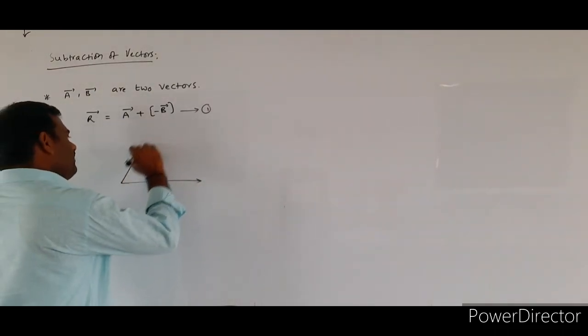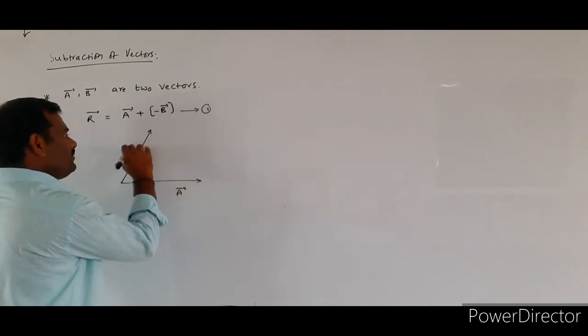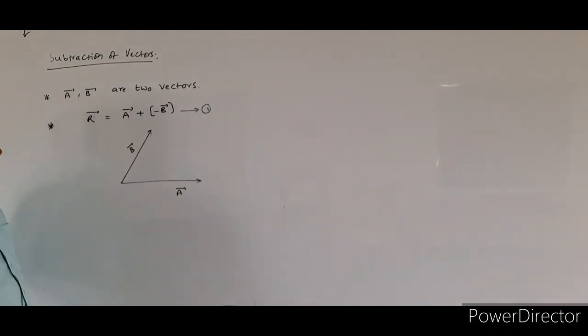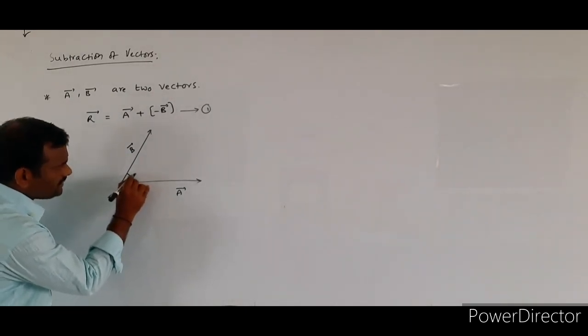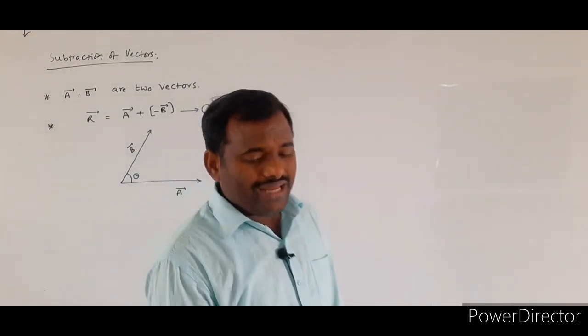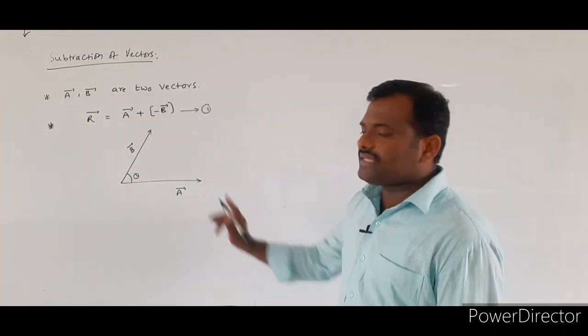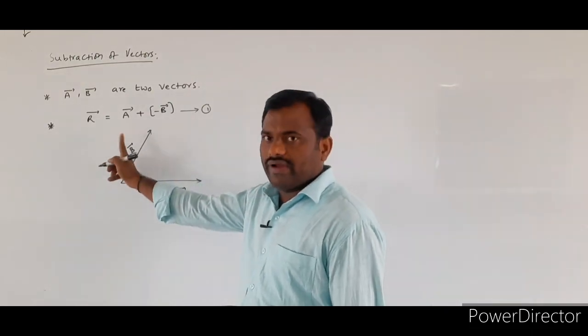For the graphical method, I consider A bar, B bar as any two vector quantities, and let theta be the angle between the two given vectors. How many vectors do we consider here? Two vectors. One is vector A bar, another is vector B bar.